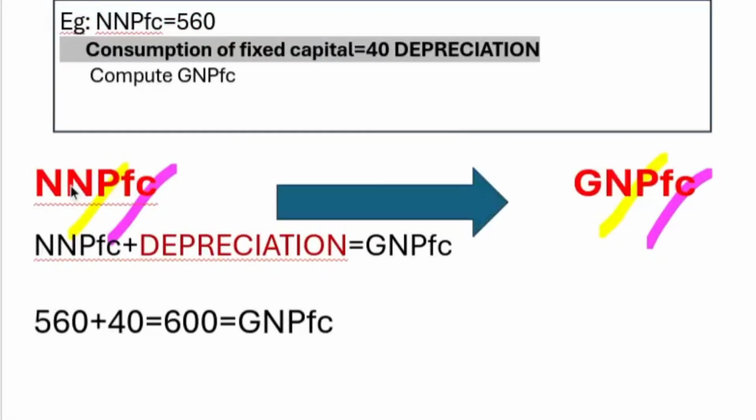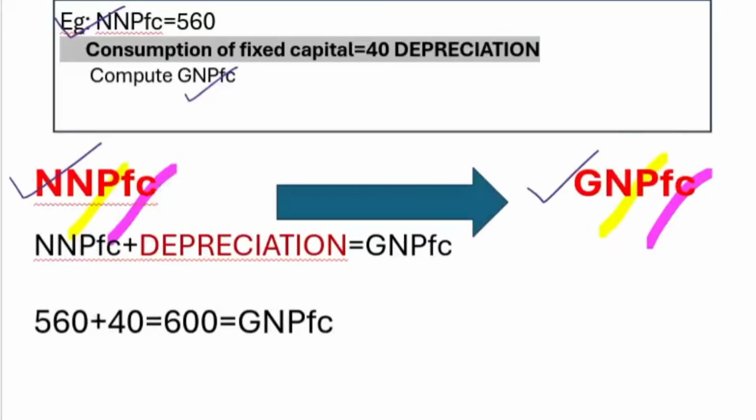So firstly, we will identify what we should do in such cases. We do have NNPFC. So what we have should be written on the left hand side. And what is to be computed, that is GNPFC, is to be recorded on the right hand side. And the next step will be to strike off the terms which are common on both sides.